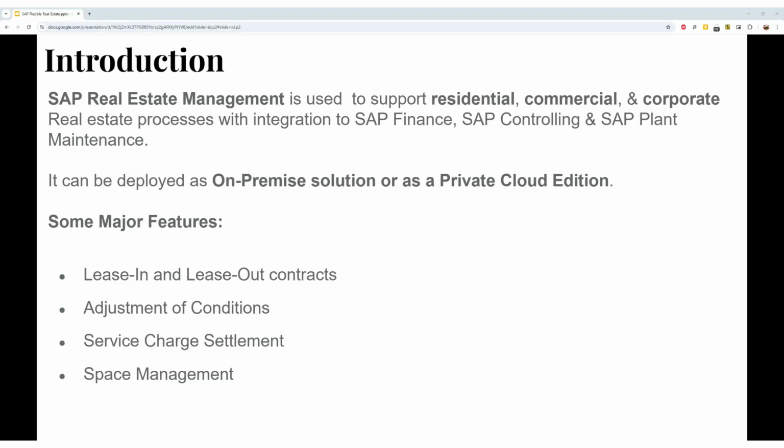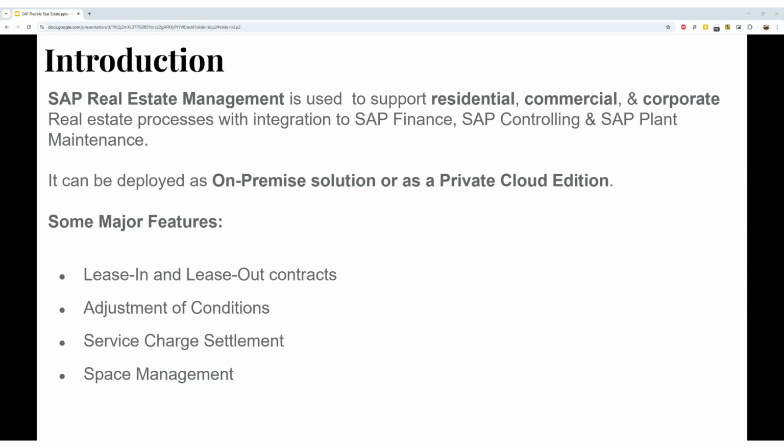There may be an agreement that these charges need to be borne by the tenants or shop owners within the mall. So how are you going to capture those costs and invoices, and how are you going to settle and pass them on to the tenants?